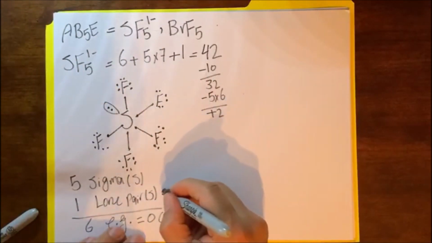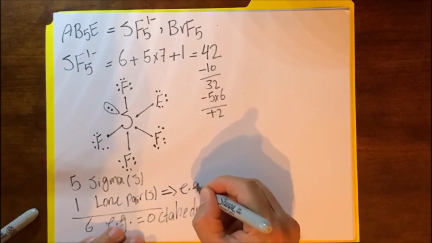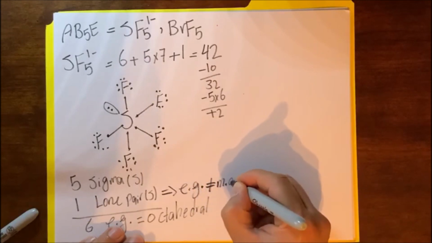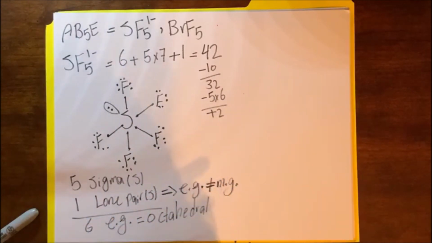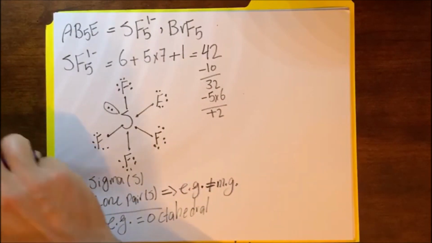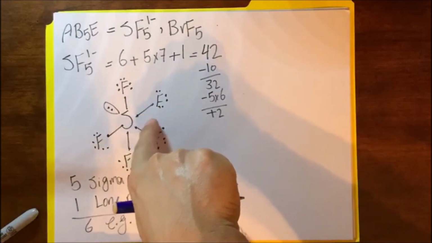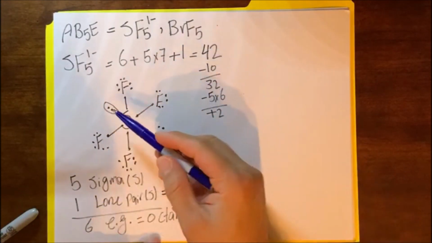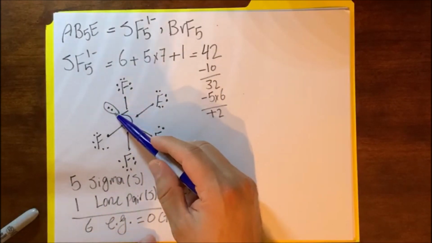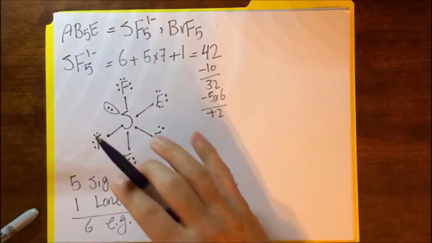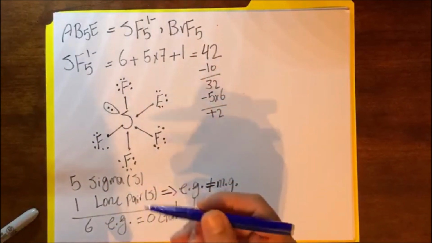Electron geometry is not going to be equal to the molecular geometry because we have a lone pair. Now, we said it doesn't matter where we put the lone pair. I wish that I put the lone pair here, because it will be easy to figure the geometry.